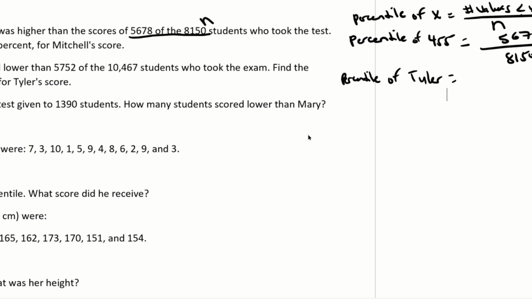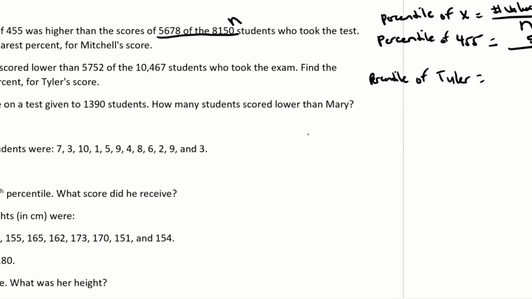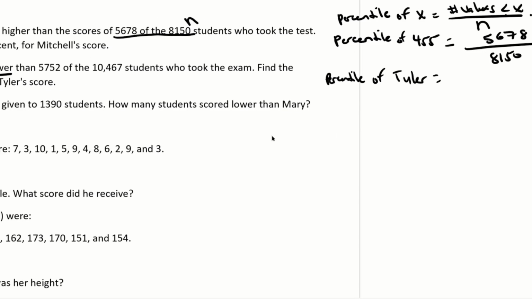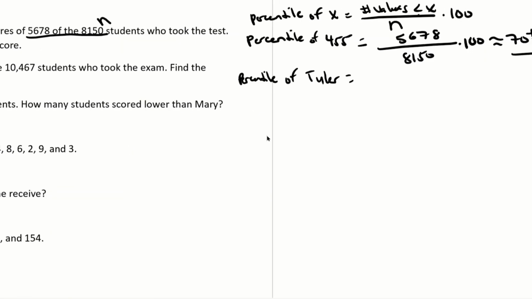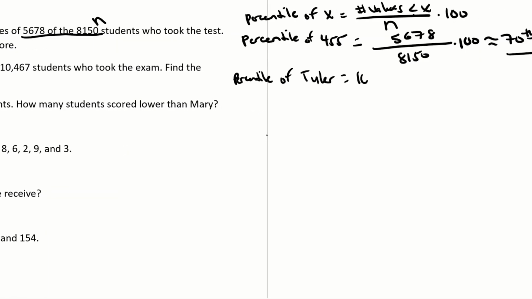We don't know his score, but we do know his score is lower, which means that these scores were greater than his. So we have to subtract this from that in order to get how many scores were less than Tyler's.